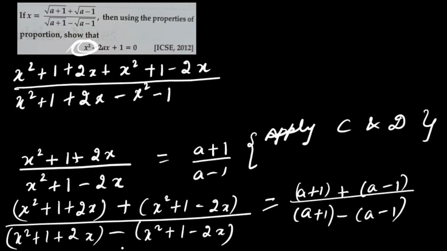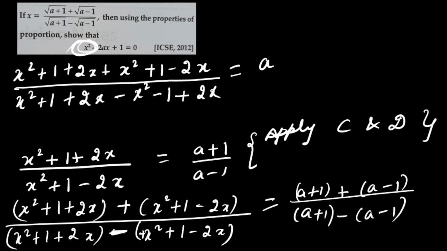See, whenever minus is outside the bracket, we have to change the signs. So minus x square minus 1 plus 2x. This positive sign will change to negative, positives will be changed to negative, negative will change to positive because of this minus sign.